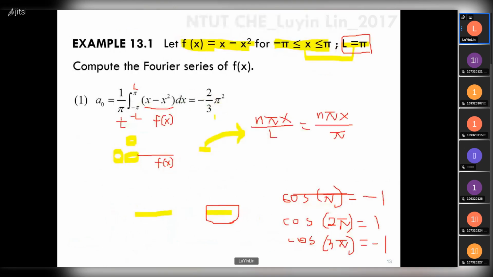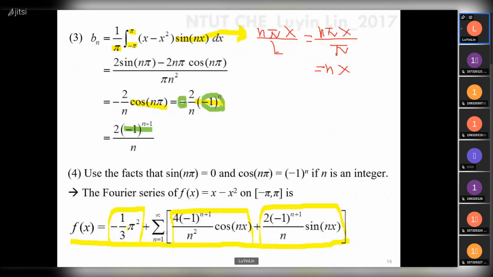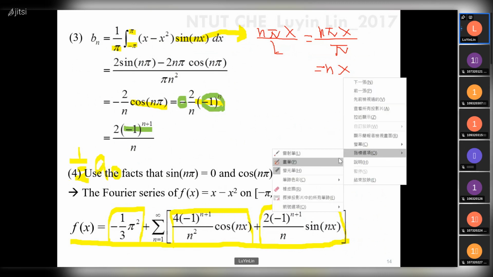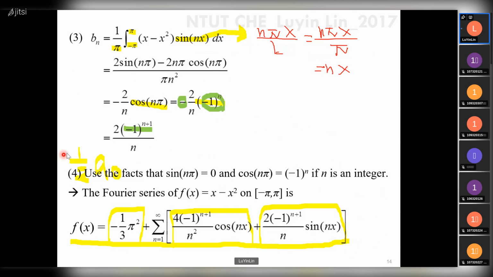The answer for the constant is 2 over 3, but here it is 1 over 3, because in the formula this term is 1 over 2 A0, if you remember. So 1 over 2 is important. Don't forget to put 1 over 2 here. So that is the answer, the Fourier series for f.